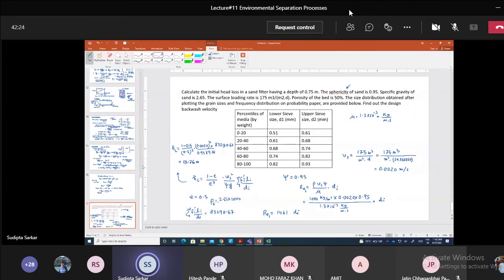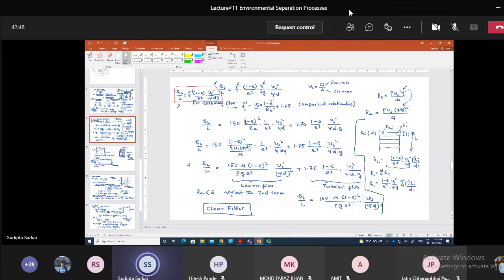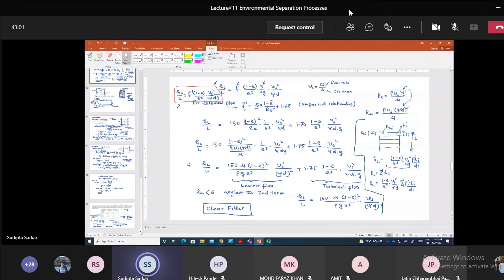If you see how we found out these values, this F is coming from the Darcy-Weisbach equation, and for this filter it has been modified into this form. So F dash is really the friction factor that we have calculated, the friction factor for moving this water through this filter bed.